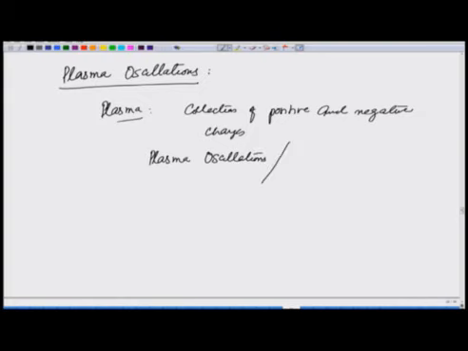The natural frequency for this is denoted by omega p, which is known as the plasma frequency.